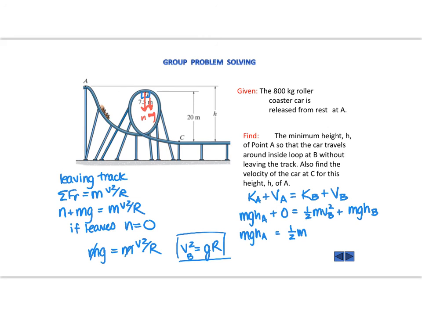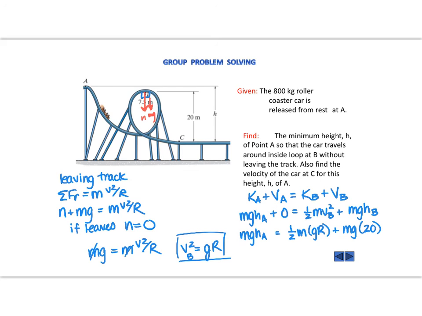Now, we actually calculated how fast it would have to be going at point B. We found that v_B squared would be g times r, so we'll just substitute that in. And then mg times 20.